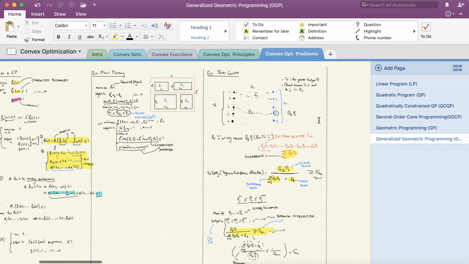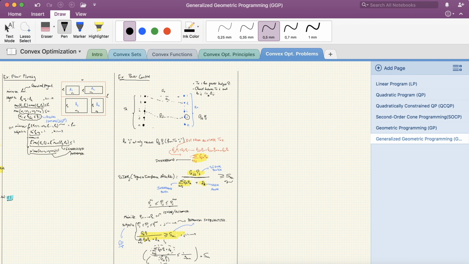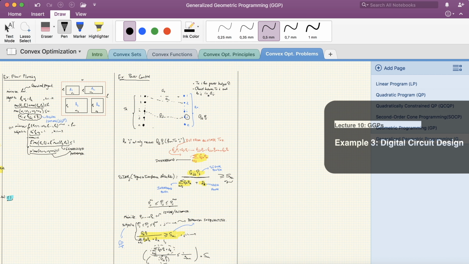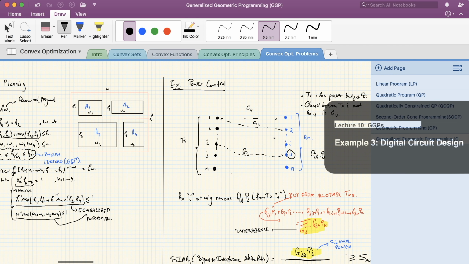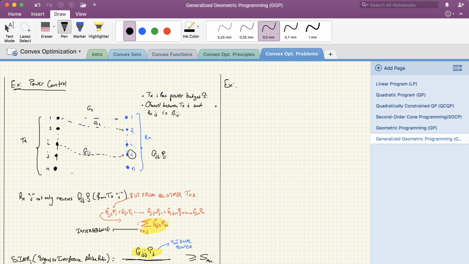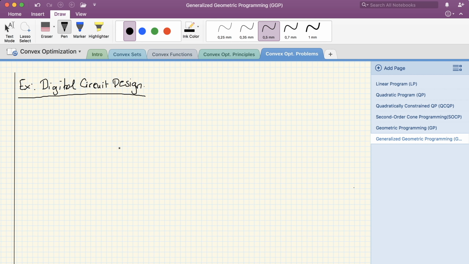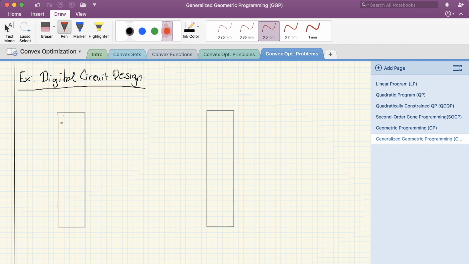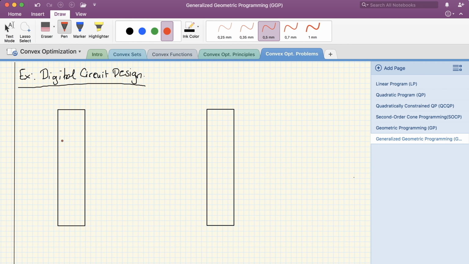Right, so that's it for this example on power control. There are really way more examples that could be given on GPs. I'm not going to discuss them here in detail, I'm just going to give a bit of an insight. It's when you're designing digital circuits. I've got a certain circuit with some flip-flops as input and flip-flops as output. Let's say this block right here represents my input flip-flops, and this right here is my output flip-flops.